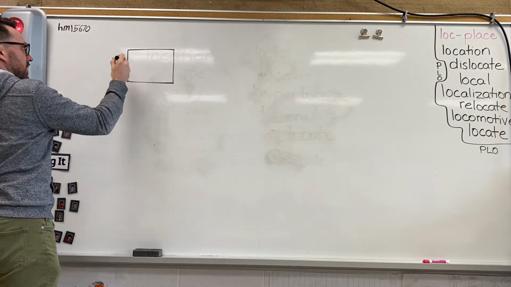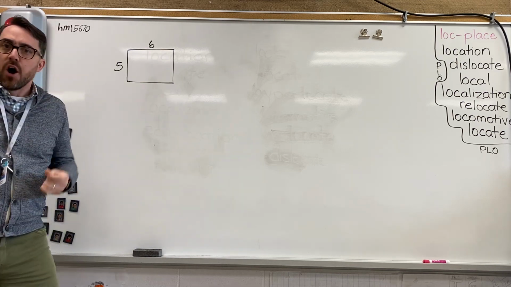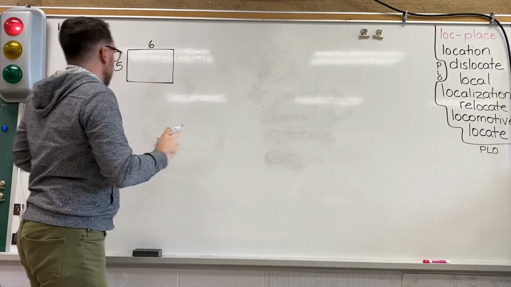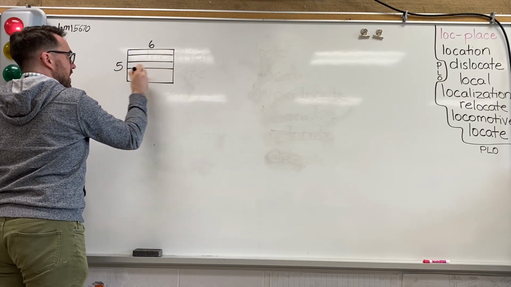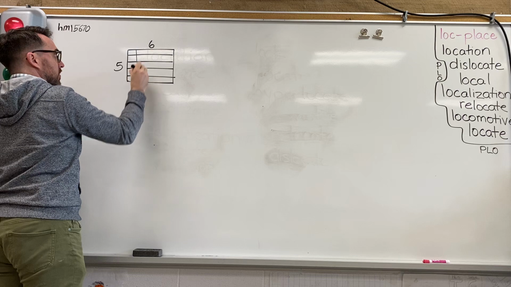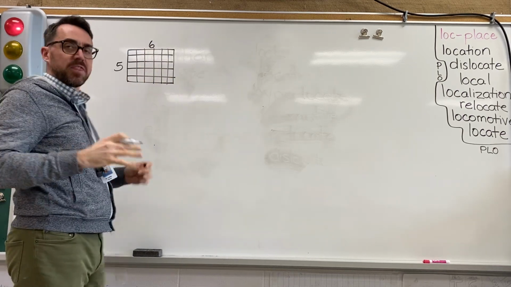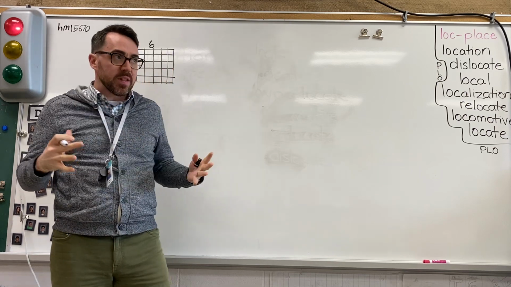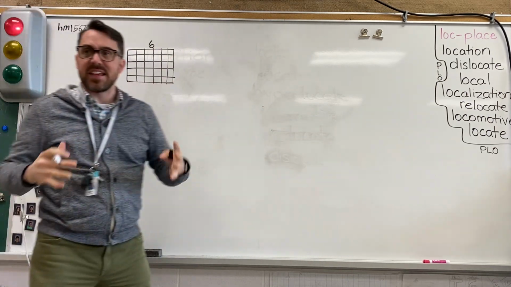So if this is a 5 by 6 rectangle, all this just means I literally have 5 rows, and in each row, there's 6 of something. So if I were able to split that rectangle up equally, I would end up with 5 rows with 6 in each row.